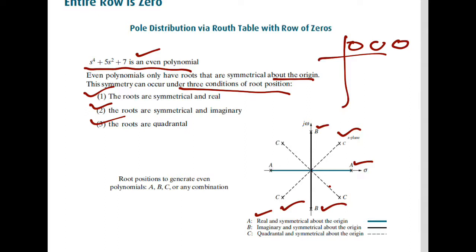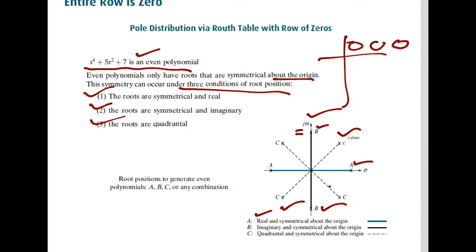Some of these roots can be on the j omega axis. On the other hand, since j omega roots are symmetric about the origin, if we do not have the row of zeros, we cannot have the j omega roots.